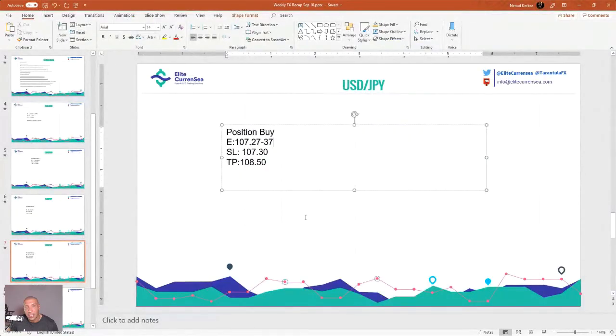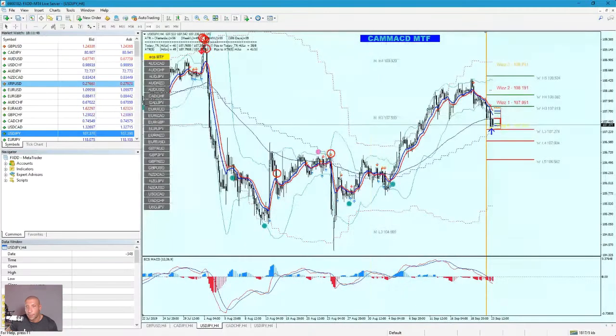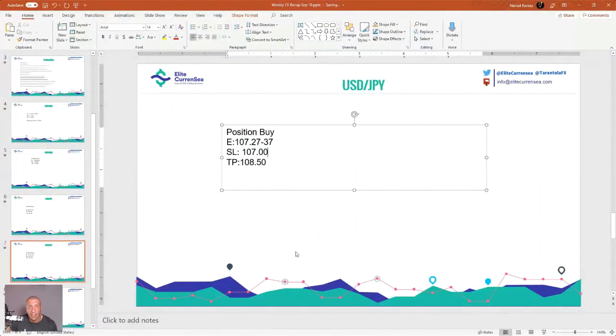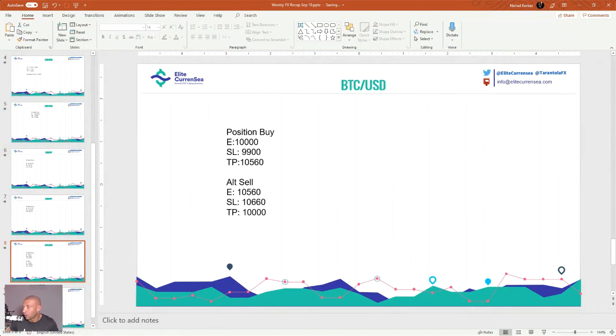Stop loss is 107.00. Actually, I would say 106.95, and target is 108.19.